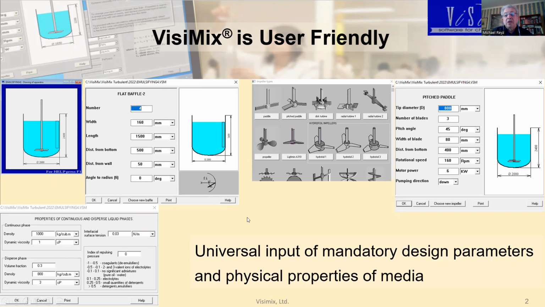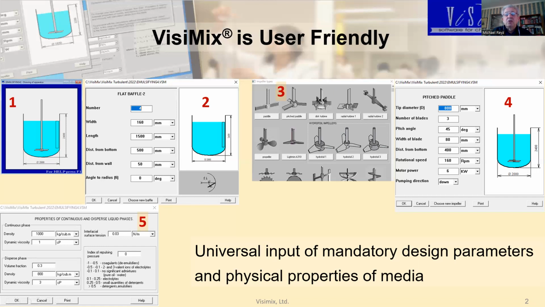Without these parameters, no calculations can be done. First of all, we entered parameters of the tank, of the baffle, impeller type, impeller dimensions, physical properties of continuous and dispersed liquid phases. All of these parameters are universal, and input screens for entering these parameters are also universal.